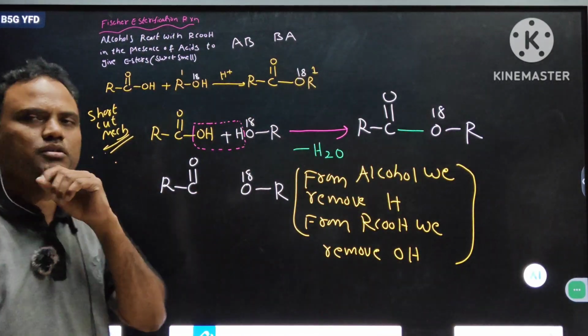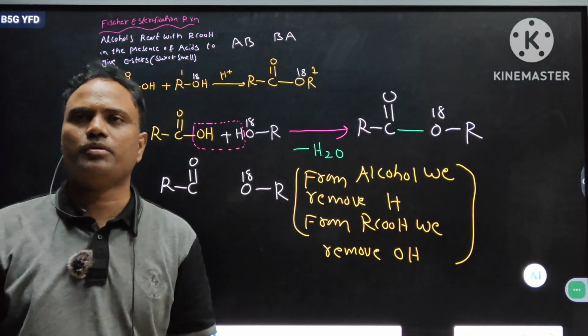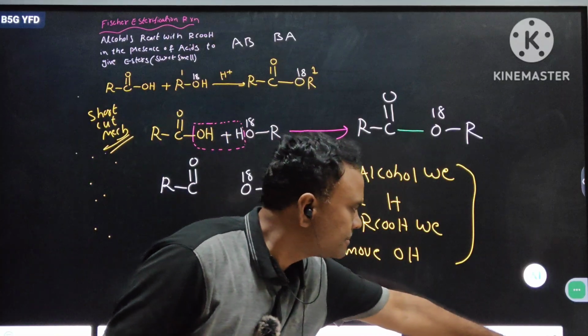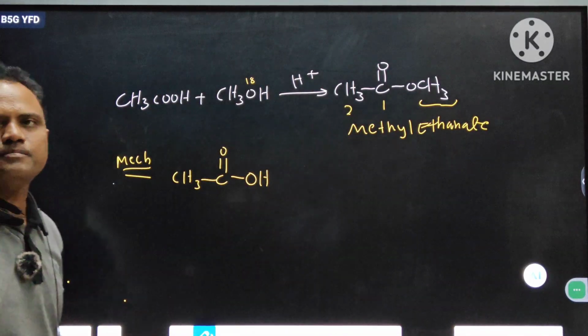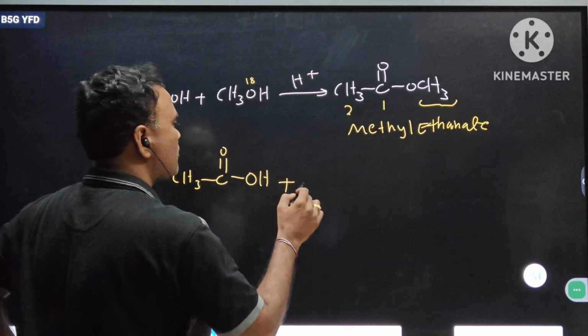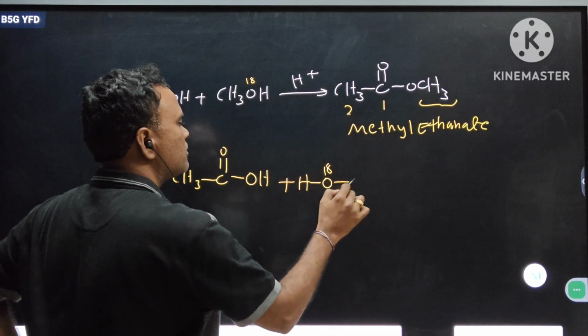In the shortcut mechanism, OH should be removed from carboxylic acid, H should be removed from alcohol. Carboxylic acid and alcohol, with the labeling.